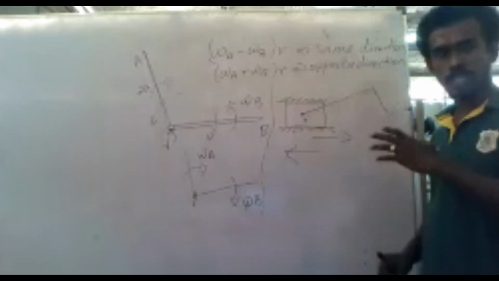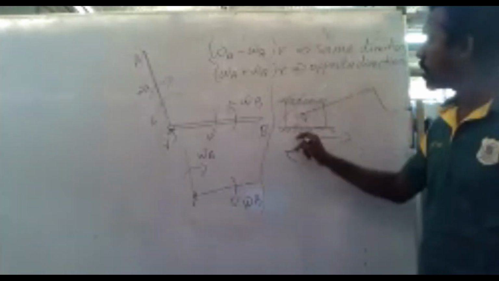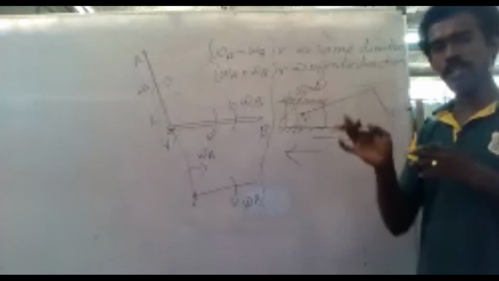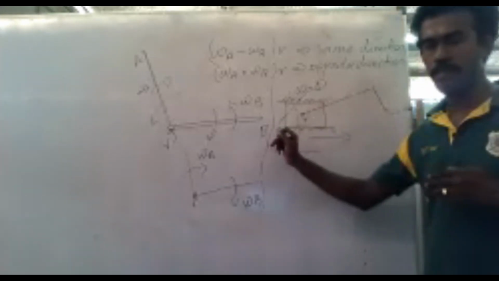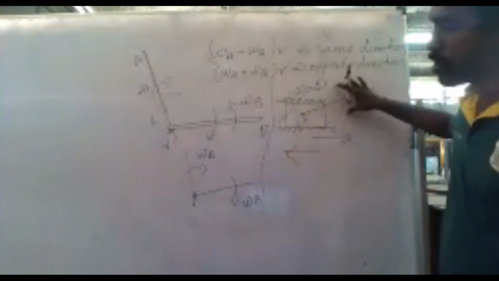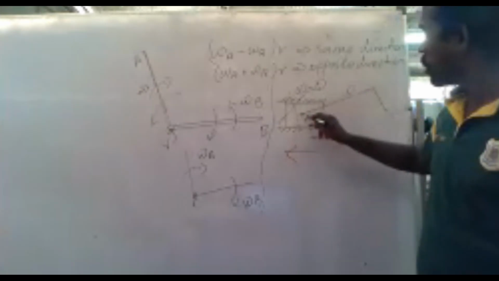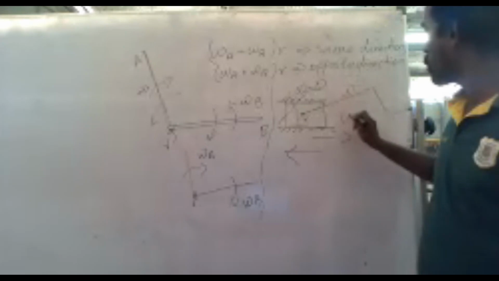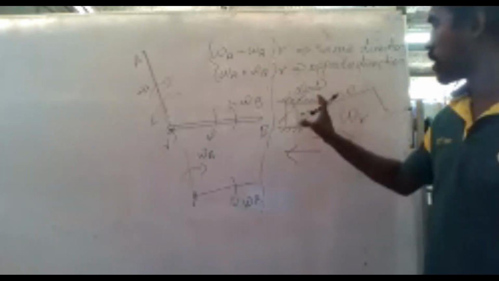When we come across such a situation, we don't consider the angular velocity of the sliding member since it does not have any angular velocity. If it is moving in an angle, it will have an angular velocity, but this is moving in a straight line. In that case, we consider only the angular velocity of the turning member into the radius of the pin, which gives the rubbing velocity of this mechanism.